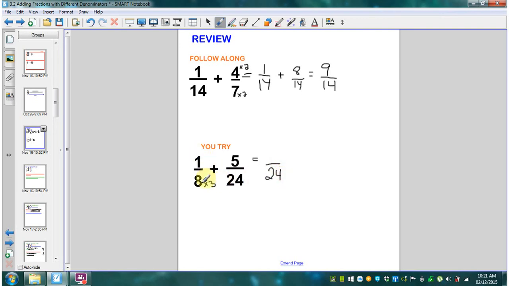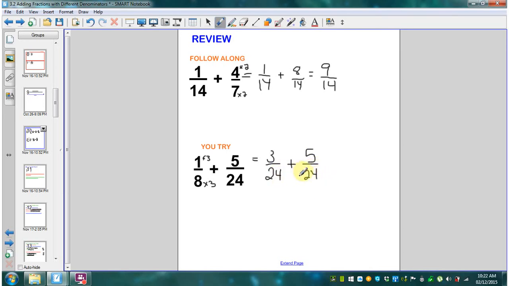What do we do with the top? We have to multiply that by 3 as well. Whatever we do to the bottom, we have to do to the top. So 3 over 24. Bring over my plus. This fraction did not change. So 5 over 24.